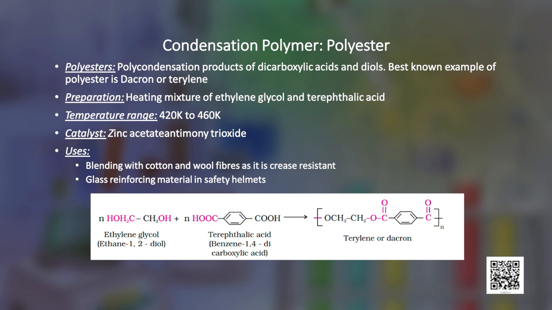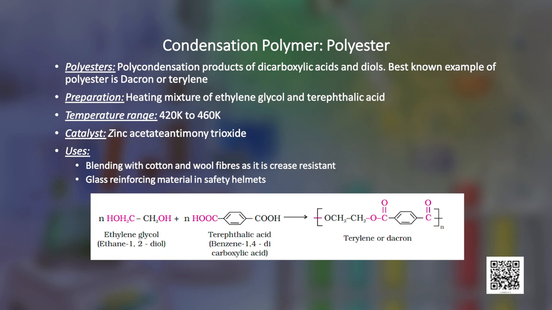Similarly, the polymers possessing ester linkages are termed as polyesters. Terylene, which is also known as Dacron, is manufactured by heating a mixture of ethylene glycol and terephthalic acid between 420 to 460 Kelvins as represented in the equation. The reaction is carried out in the presence of zinc acetate antimony trioxide as a catalyst.